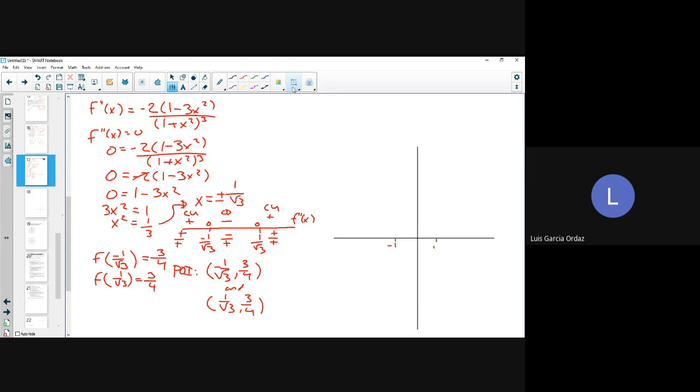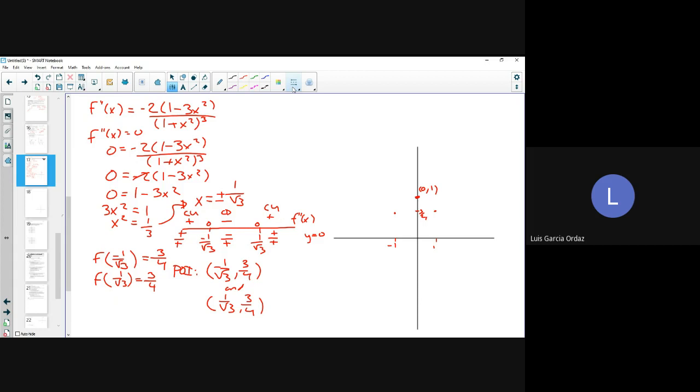So I know that I have a maximum at (0, 1). So this is my max at (0, 1). And let's say this is 3 over 4, which is over here. So I have (1, 3 over 4) and (-1, 3 over 4). And my horizontal asymptote is y is equal to 0.